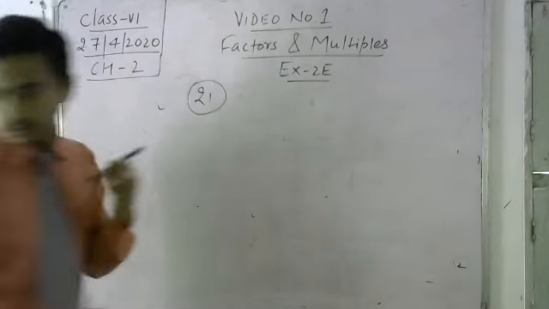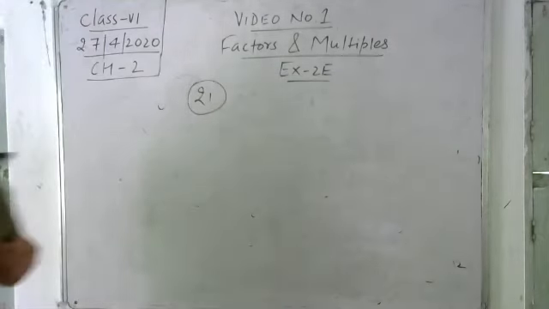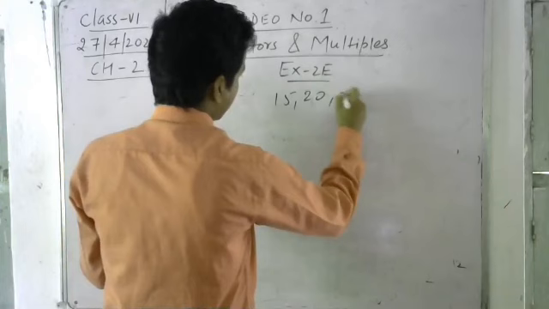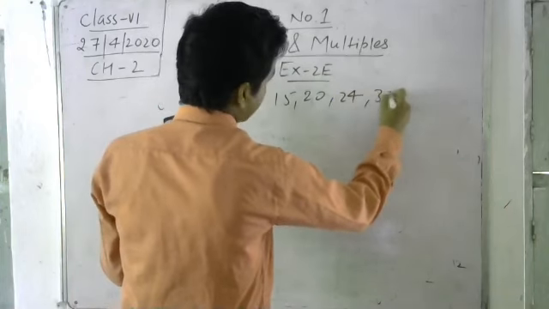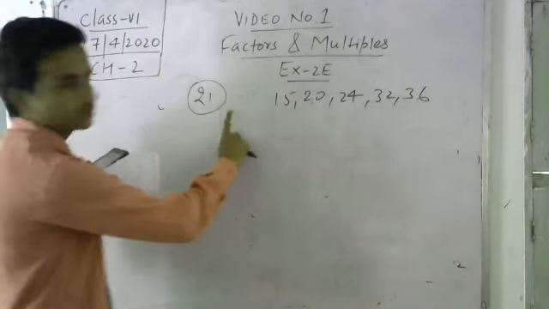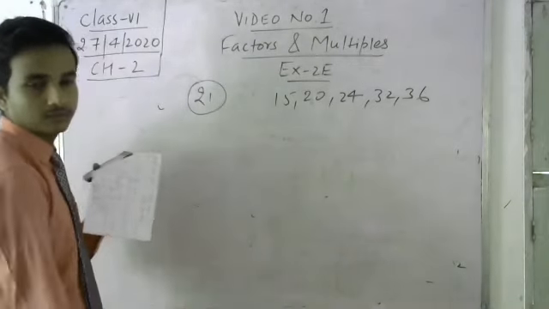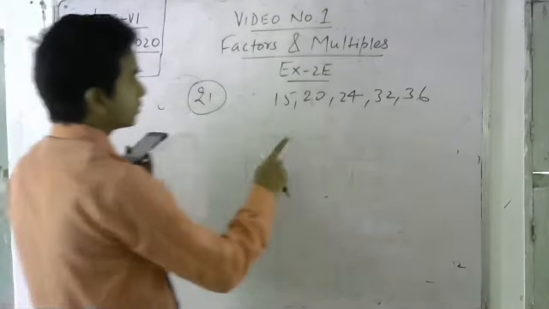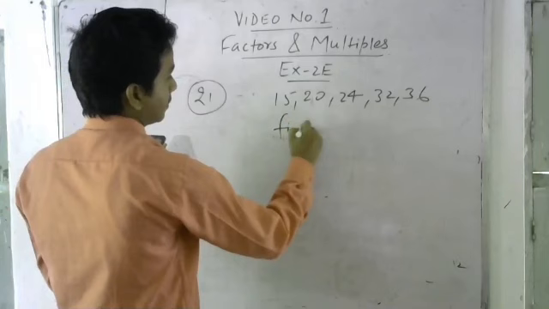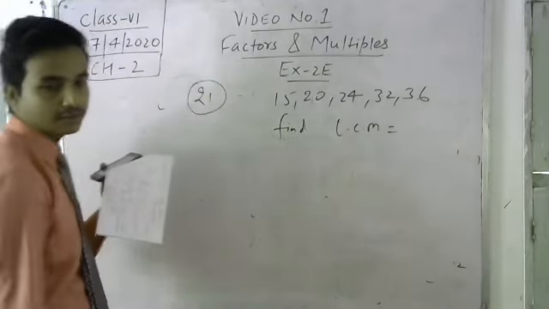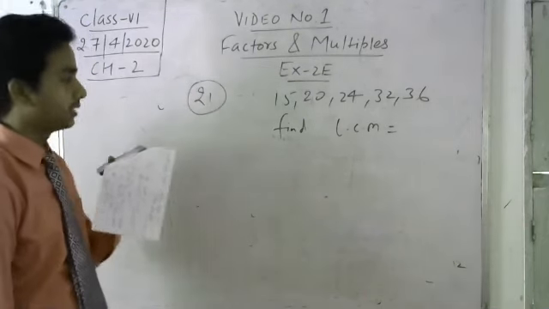The question number 21 is, find the least number divisible by 15, 20, 24, 32 and 36. Find the least number which is divisible by all of these. In such type of question, whenever you are asked to find the least number, you have to find the LCM, and you will get the answer.